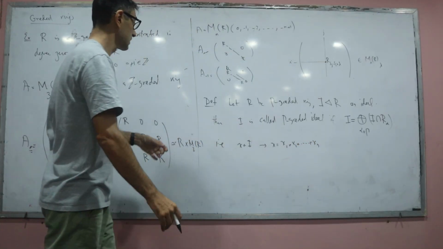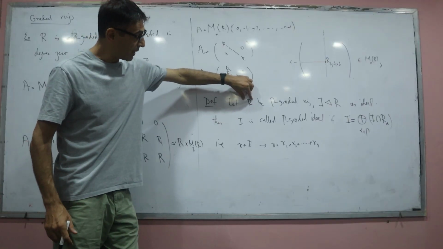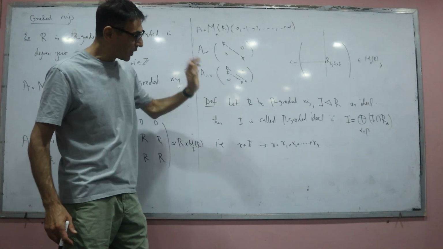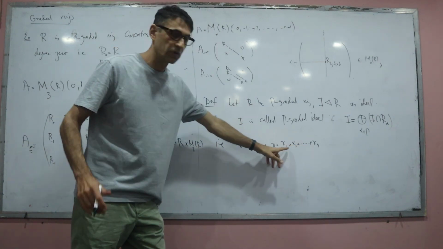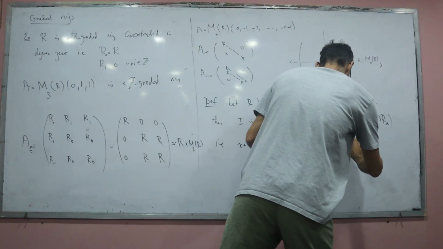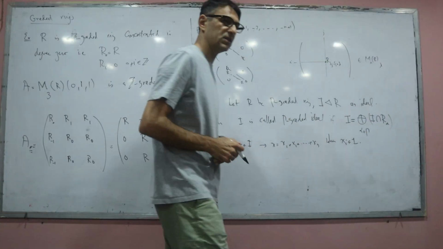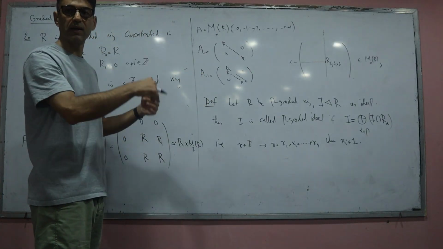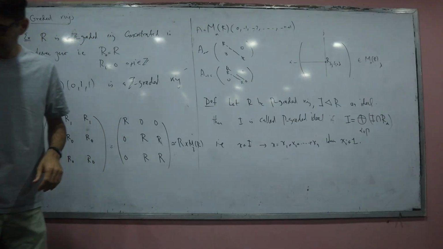I can do that because R is gamma graded, so each element you can write as a direct sum of homogeneous elements. But I want these little ones also all to be in I. So if this happens, so everything is happening inside I now, then I call I a gamma graded ideal.